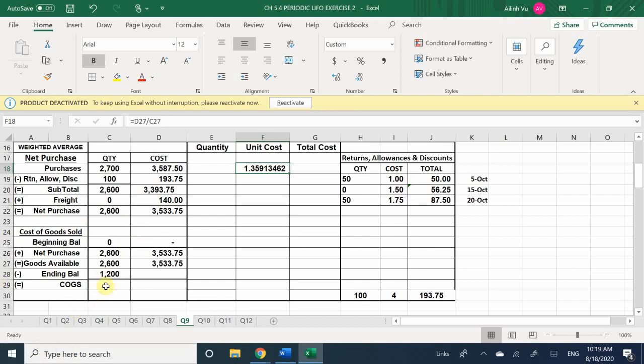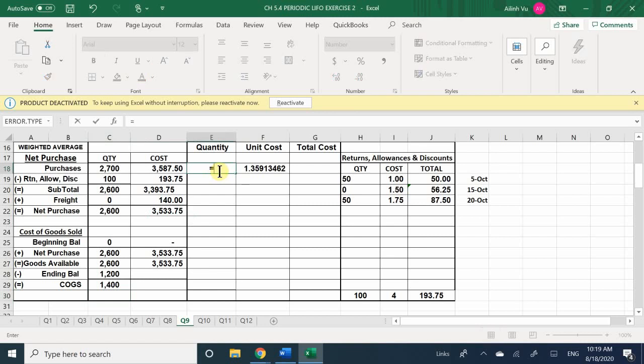Okay. So now that we solved for the new average cost per item, what is our cost of goods sold? What is my quantity for cost of goods sold? 1,400. Yes, 1,400. So, because we solved for the new average cost per item here, we can automatically take our 1,400 here and multiply them across.